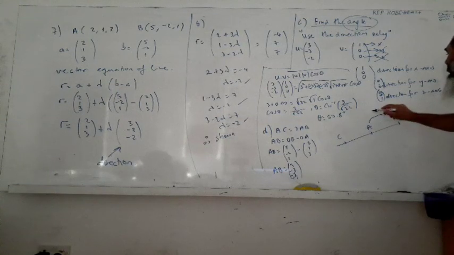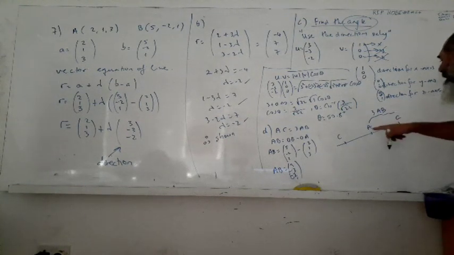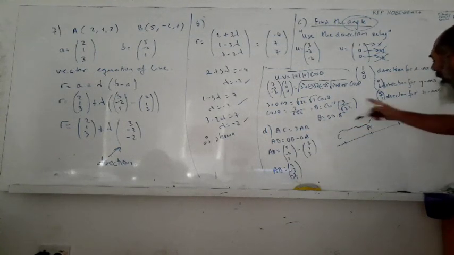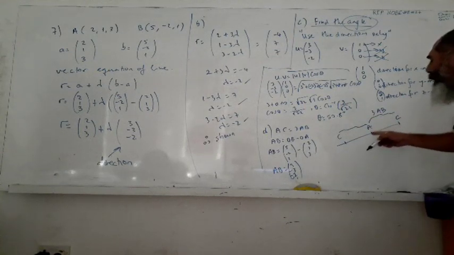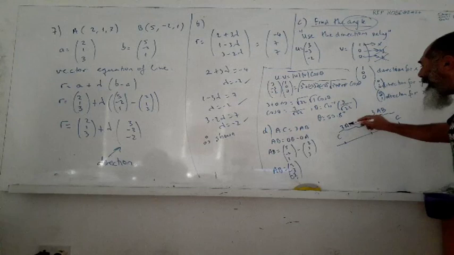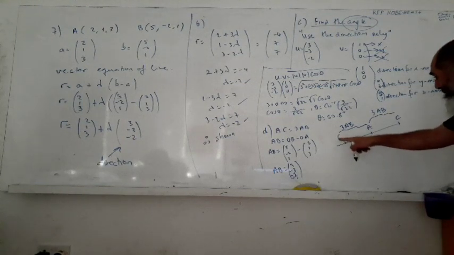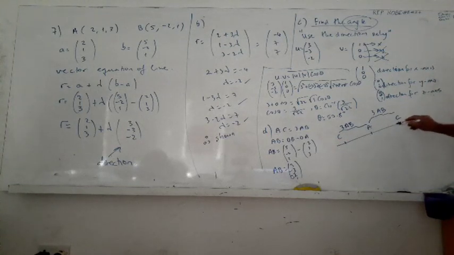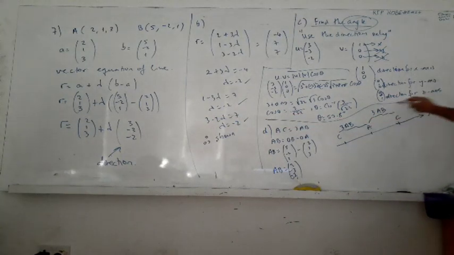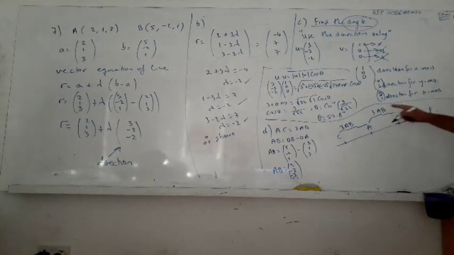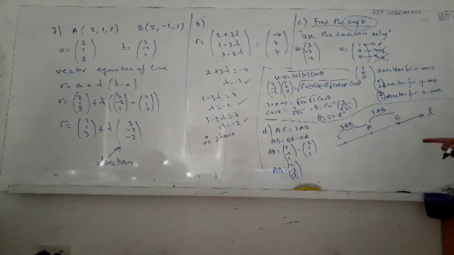The displacement between A and C is going to be 3AB, either on the right hand side of A or on the left hand side of A. C is going to be on either the right hand side or the left hand side of point A, and they are both on line L. So either we are going to add 3AB to point A or subtract 3AB from point A.